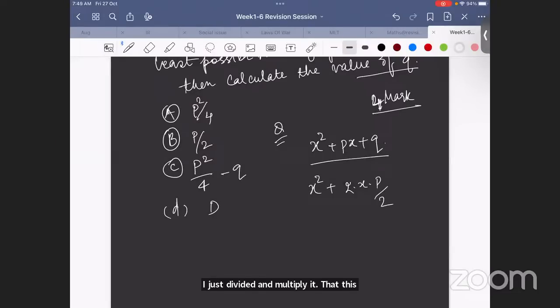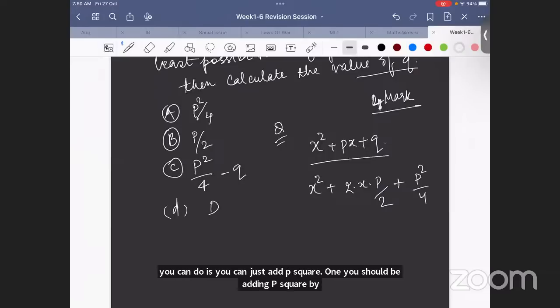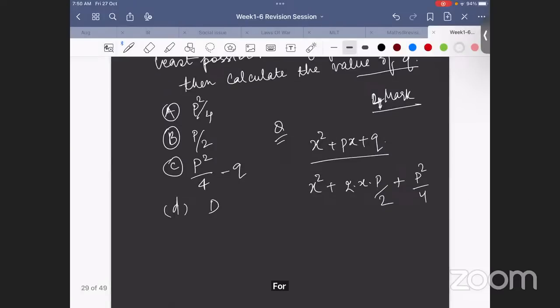Then to make it a perfect square of x plus p by 2 or x minus p by 2, you can add p square by 4. And if you are adding p square by 4 because it was not available, you should be subtracting p square by 4 also, correct? And then what is left is q.